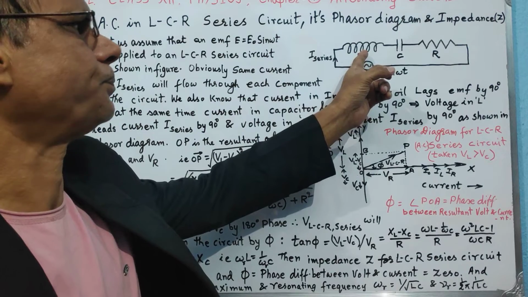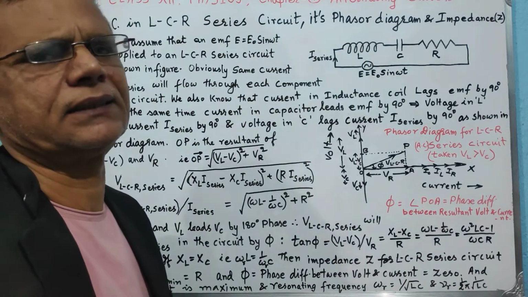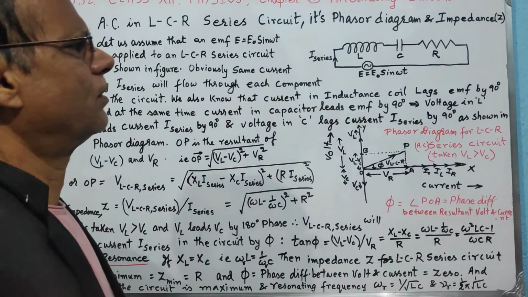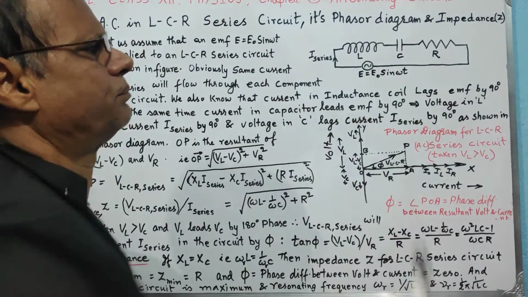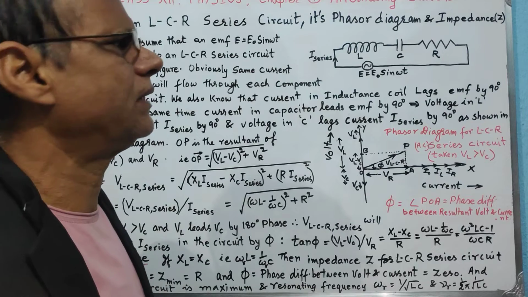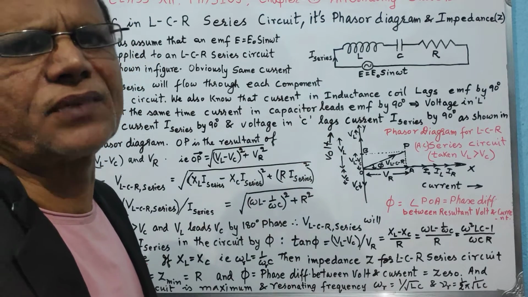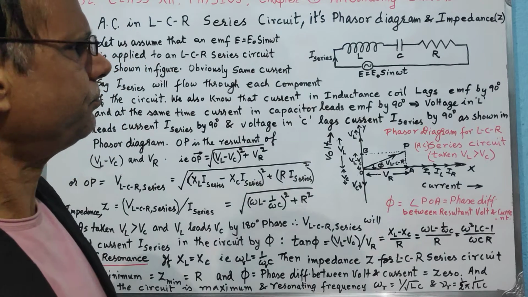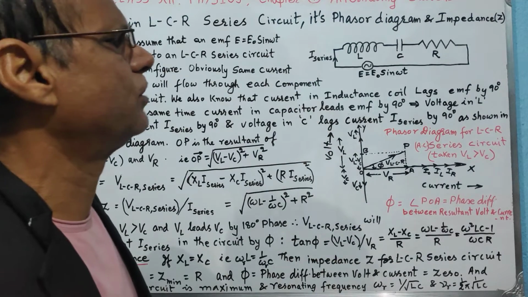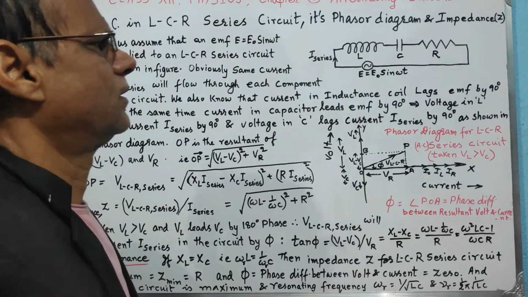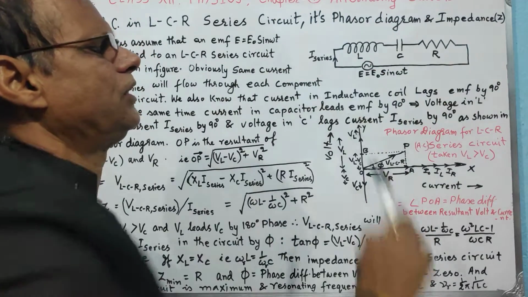The inductive current lags EMF, while for a purely capacitive circuit, we have seen that the capacitive current leads the applied EMF. At the same time we must also remember that since it is a series circuit, the same current should flow through each of the components.